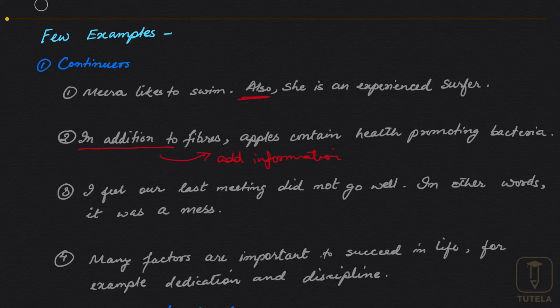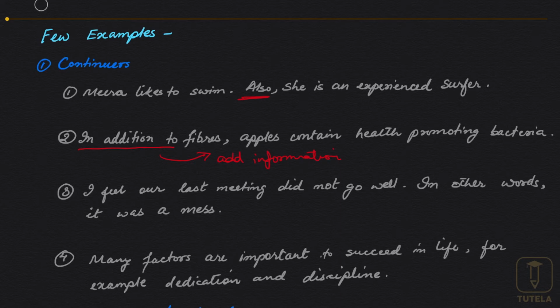In addition to is again used to add information. In addition to fibers, apples contain a health promoting bacteria. So both the ideas are moving in the same direction. They are similar ideas. There is nothing contrasting in them, but in addition to is an additional information adding to the following sentence.